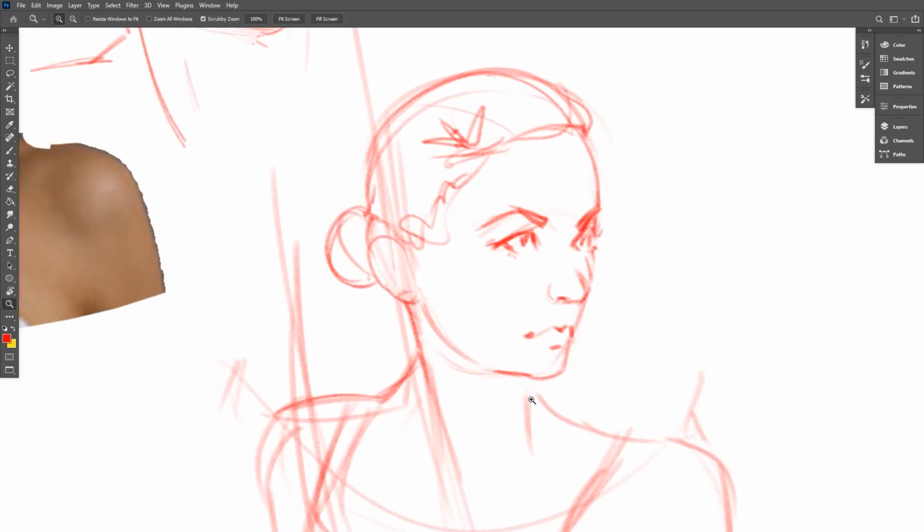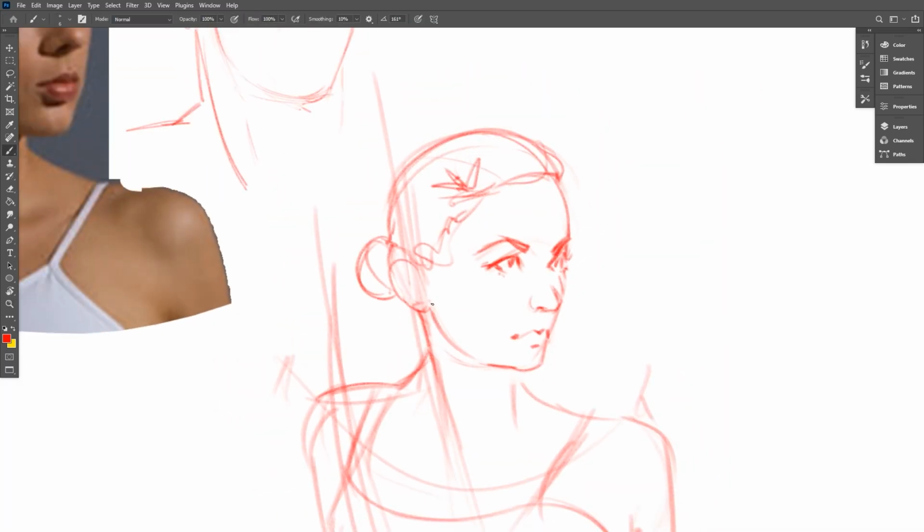And that is why when I was drawing this part, instead of doing it with a soft, thin line, I decided to go with the thicker one, because if I'm going to do a painting over it, it will be much easier to manage.